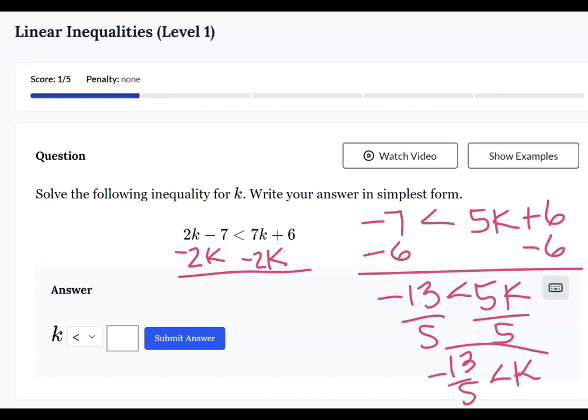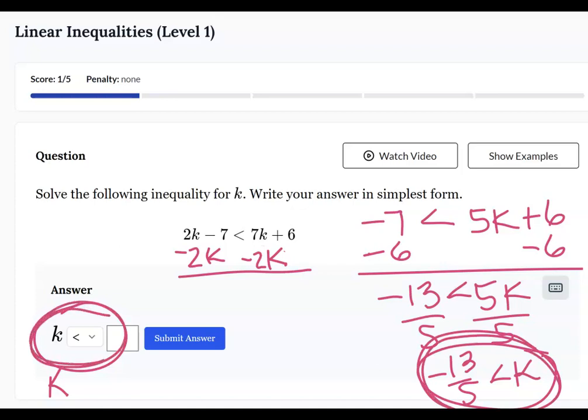Now this is a correct answer, but that's not how this is set up. The input is set up so that k is first, and in our answer, k is last. So you have to understand that if you want to type this answer, which is backwards, into this answer, which is forwards, you need to write this the opposite way.